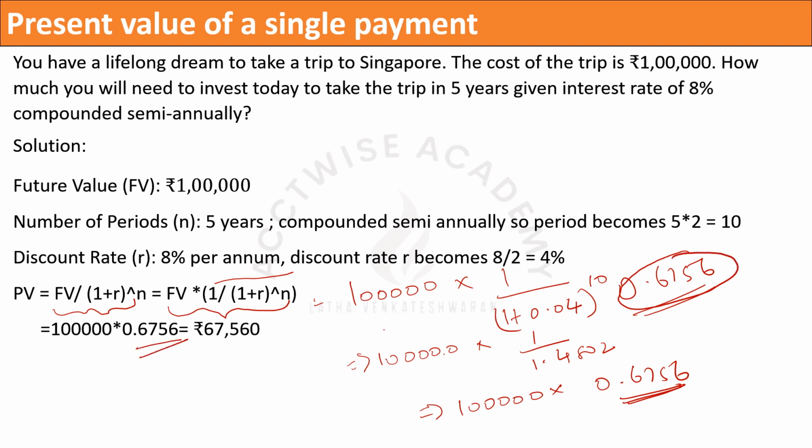When you multiply 0.6756 with 1 lakh, you get 67,560. Here also 67,560. So this is the formula method and this is the PV table method. Both the answers are the same. You can use either the PV table or the formula method, according to what they ask in the examination.